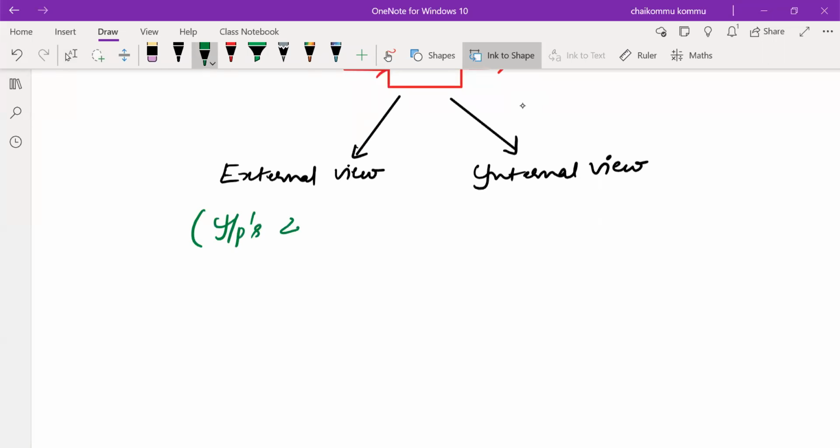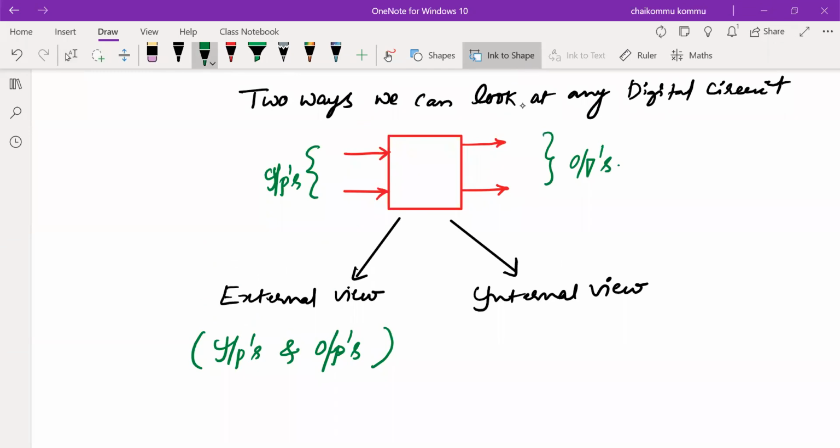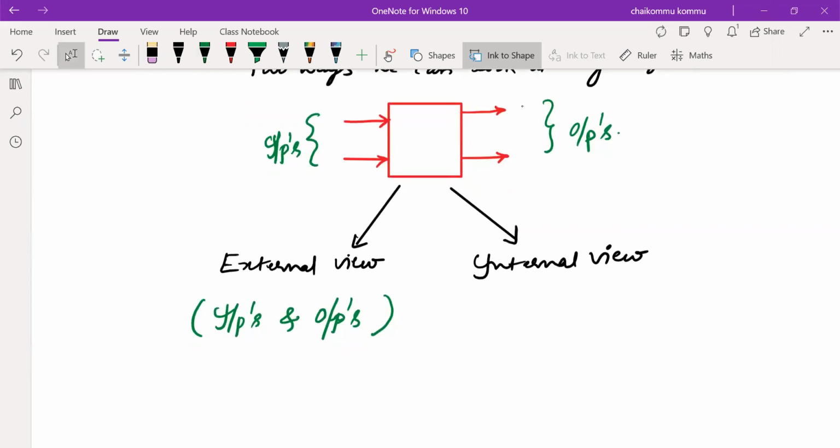In the block diagram, what we see as the external view is the inputs and the outputs. For example, consider these as input signals and this as an output signal. Therefore, the inputs and outputs of any digital system can be treated as an external view.